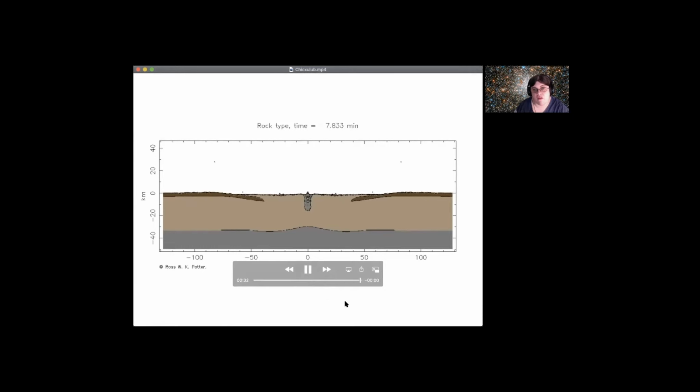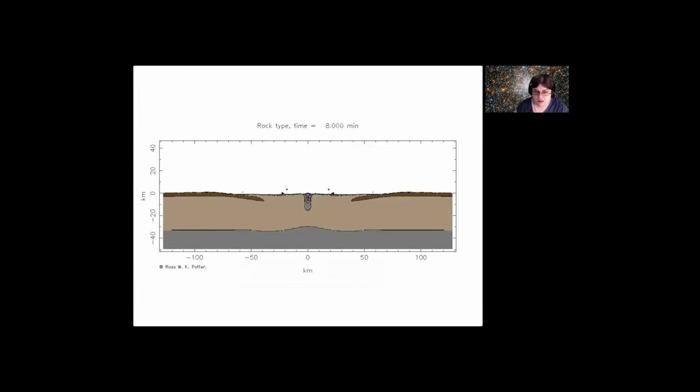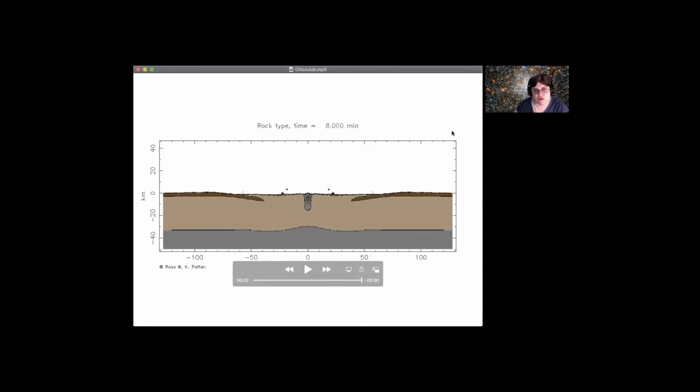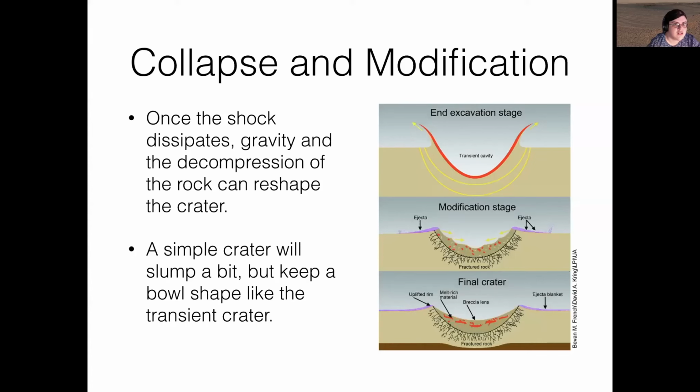And there's still going to be more geologic change after this. We only looked at it for like 8 minutes. But this kind of captures the transition from impact to temporary crater to temporary crater kind of filled in. So we're looking at that complex stage, reshaping the crater.